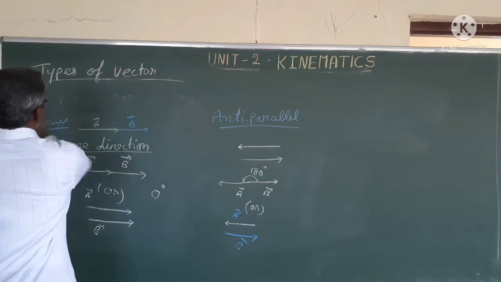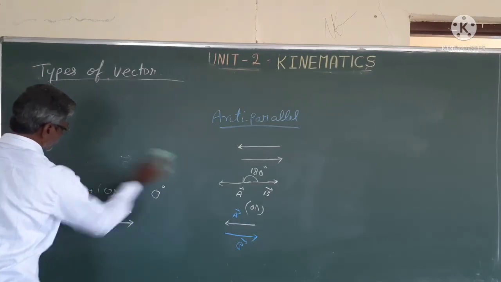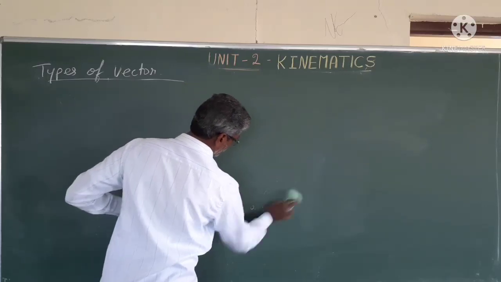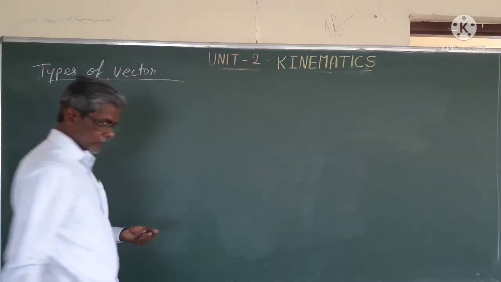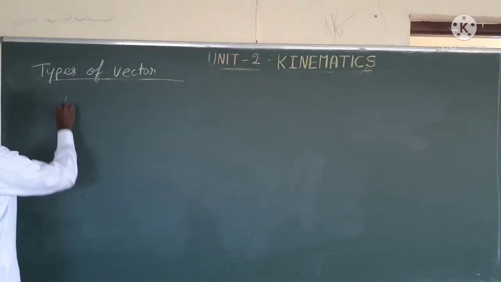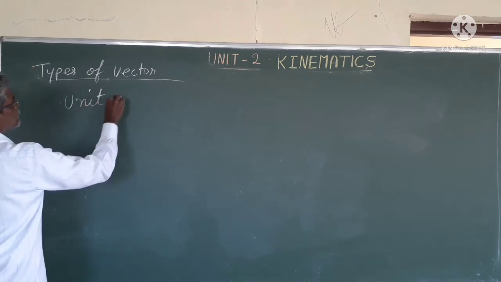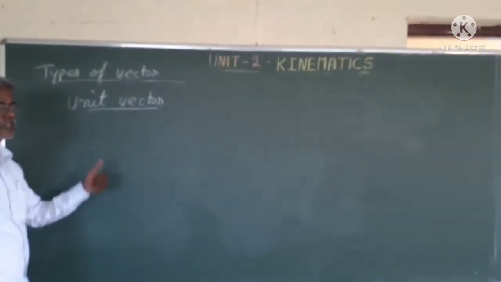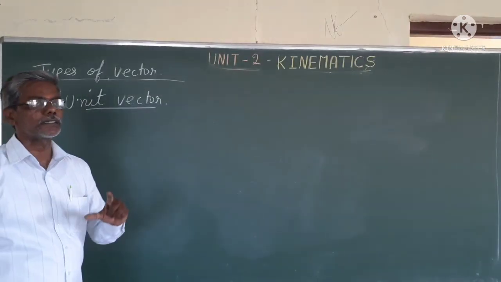Next we will go to unit vector. Here unit vector means its magnitude is 1.